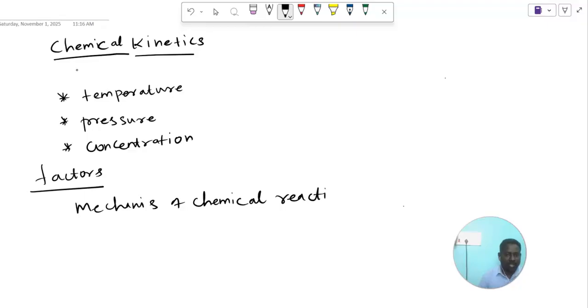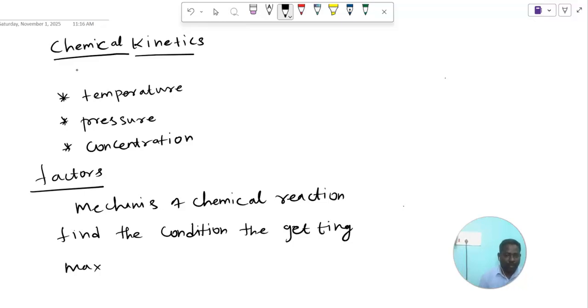Whether it is an organic reaction or inorganic reaction, chemical kinetics helps to understand the mechanism of chemical reaction, and also it helps to find the condition for getting the maximum yield of the product.